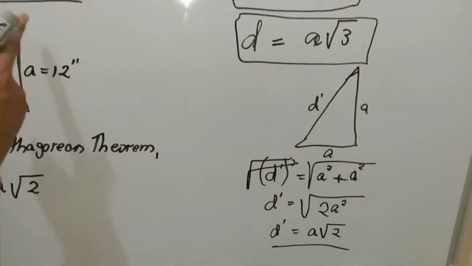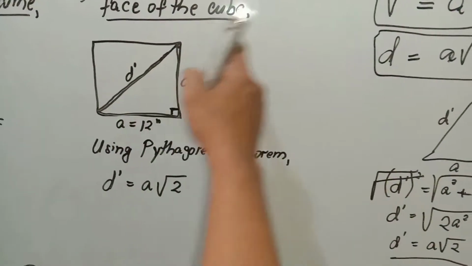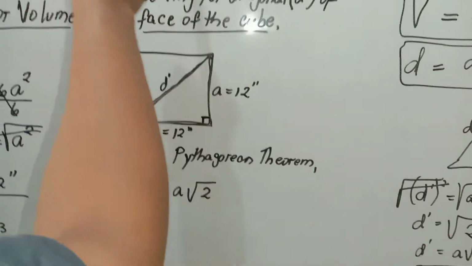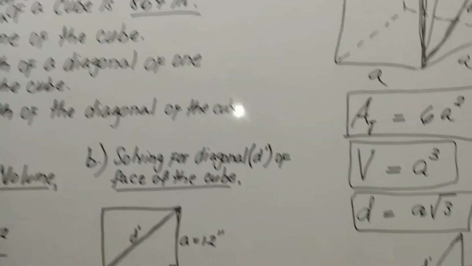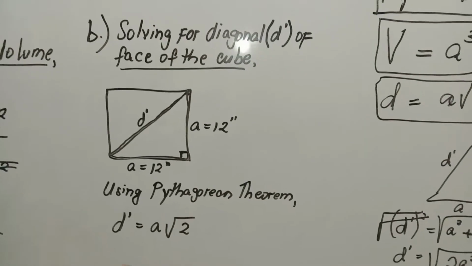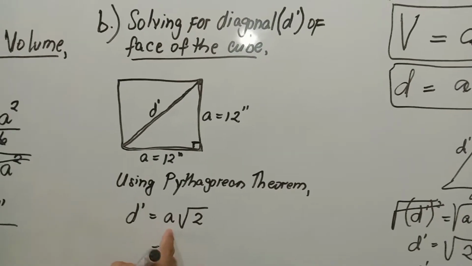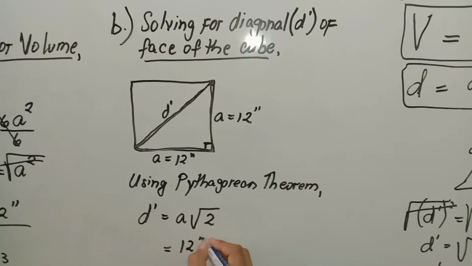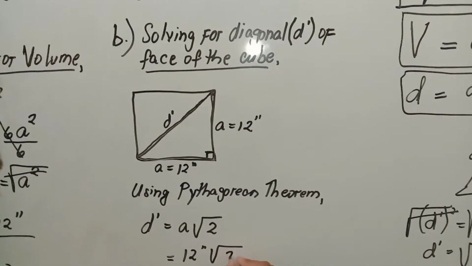So the diagonal equation for this particular cube, in one face of the cube, is equal to A times the square root of 2. Okay, so substitute the value of A in this problem, 12 inches, times the square root of 2.